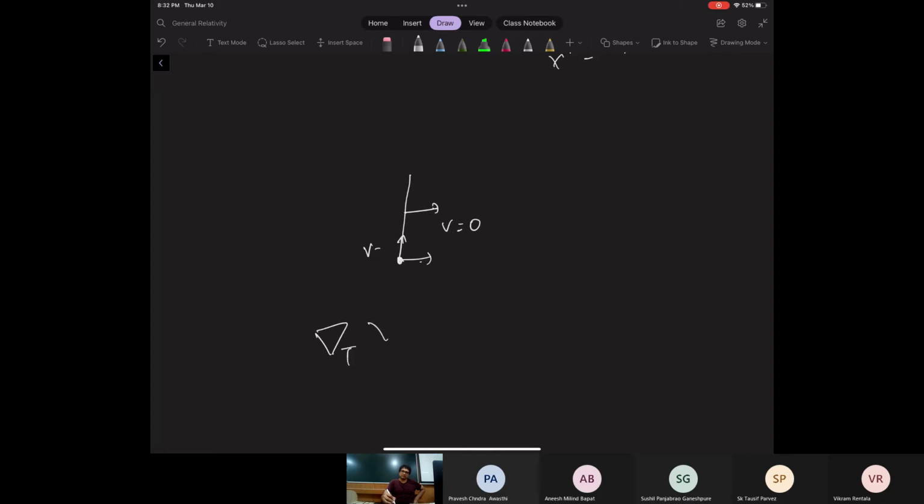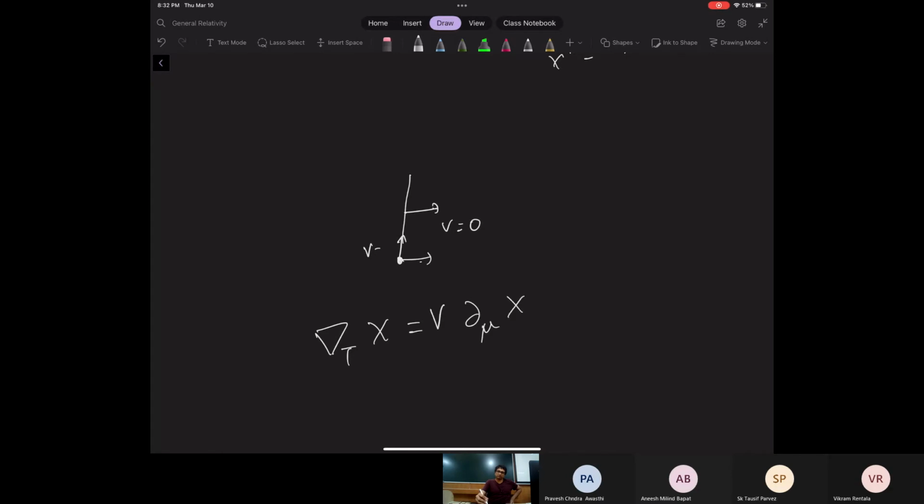Yeah, so let's just write this out in components. So del t of x is equal to partial mu. So the velocity is v.